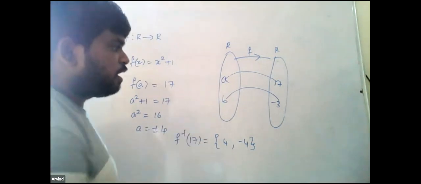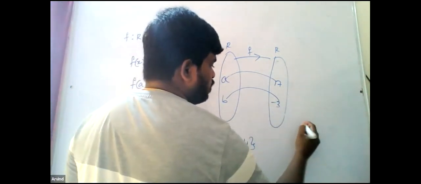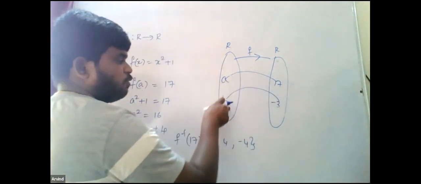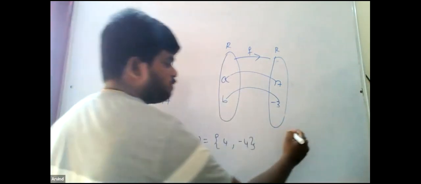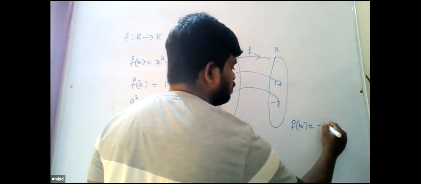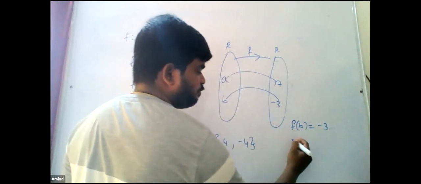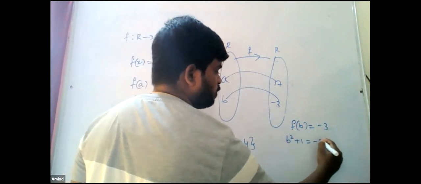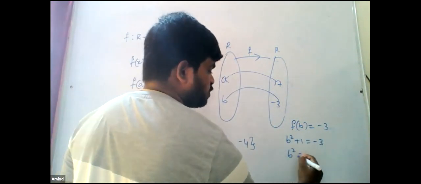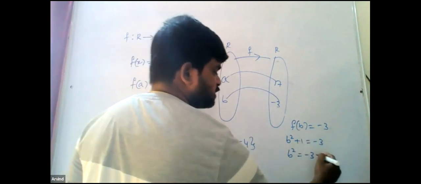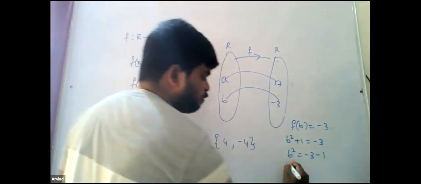Okay, let's find it for minus 3. Let me consider the pre-image of minus 3 as B, which means f of B is equal to minus 3. f of B is nothing but B square plus 1 equal to minus 3. I get B square is equal to minus 3 minus 1, which is minus 4.